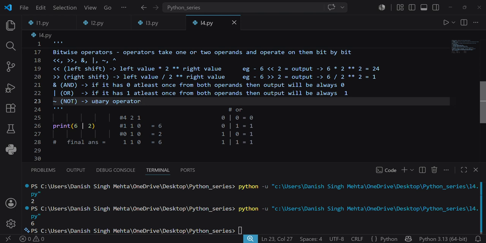Basically, it means that we use only one value with a NOT operator. Like here, we are using two values with OR, we are using two values with AND.